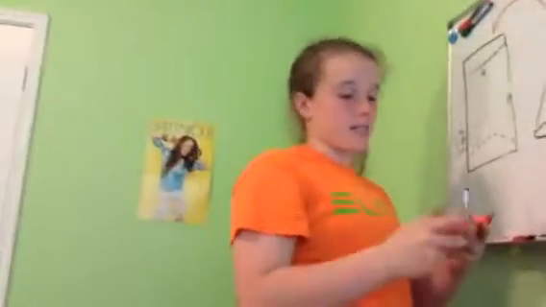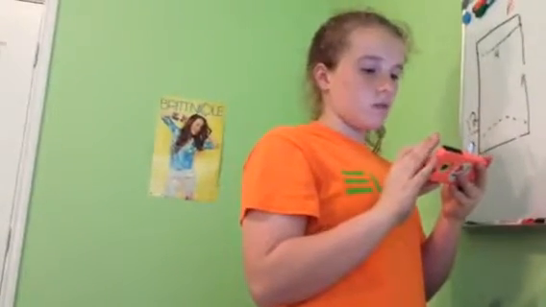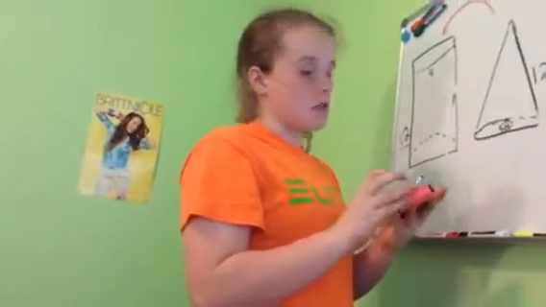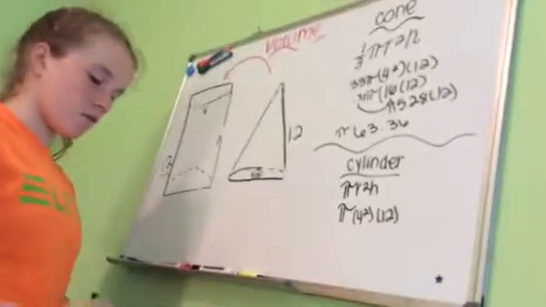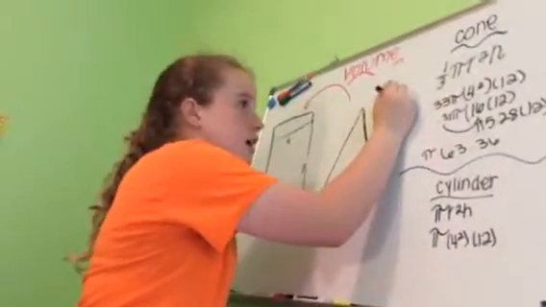And we still have the pi in front of us, which means that we're going to have to multiply that by pi. 63.36 times pi equals, and we're going to round it, 199.05.